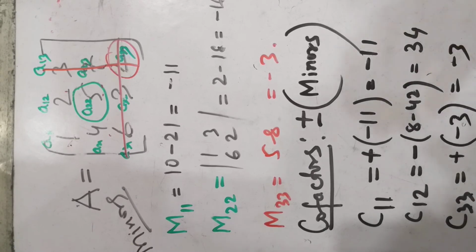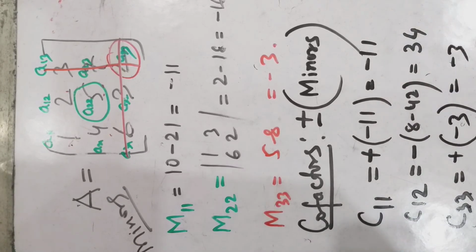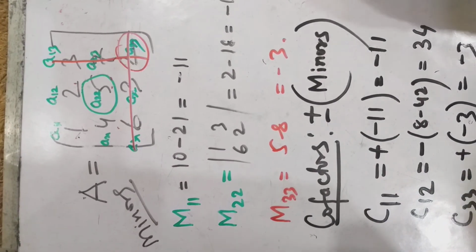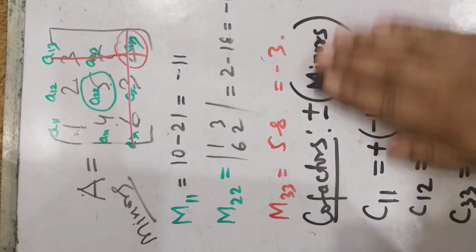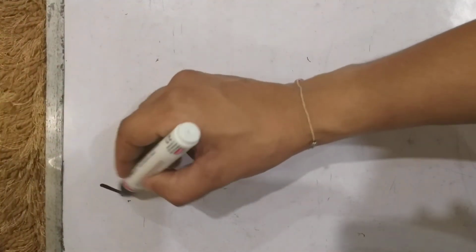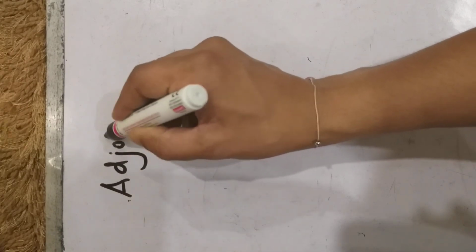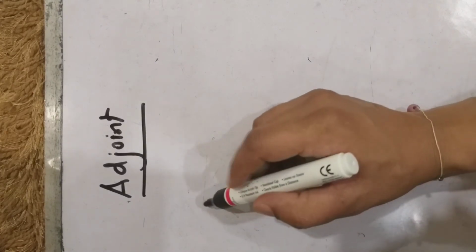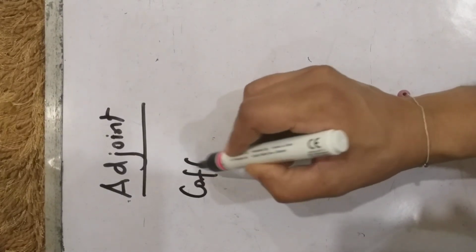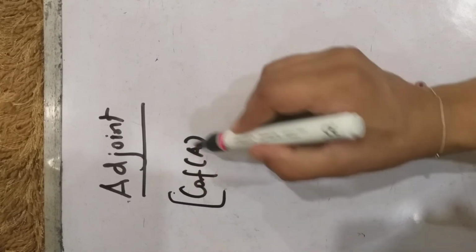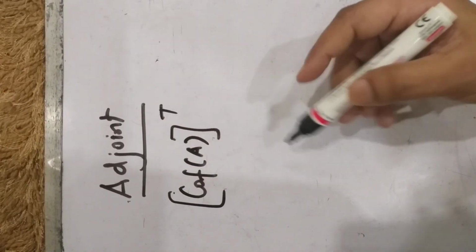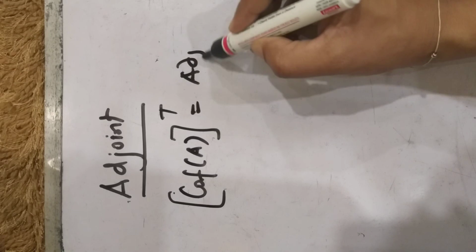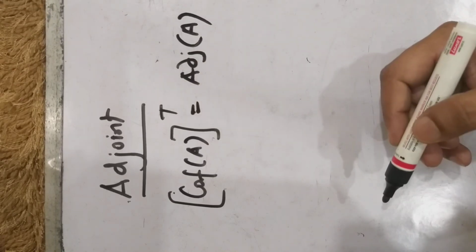So these are cofactors. So minors, cofactors, and the last topic which we were learning is adjoint. Adjoint of a matrix. See, if I find the cofactors of a matrix and I transpose them, it is the adjoint.